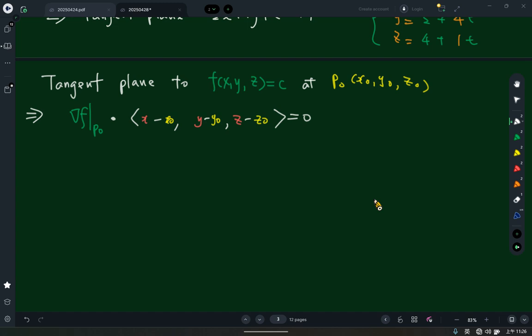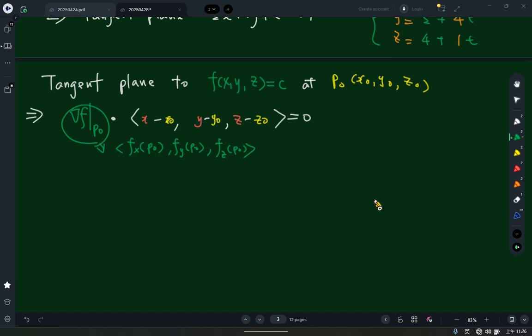Here the gradient is (partial f partial x at P0, partial f partial y at P0, partial f partial z at P0).